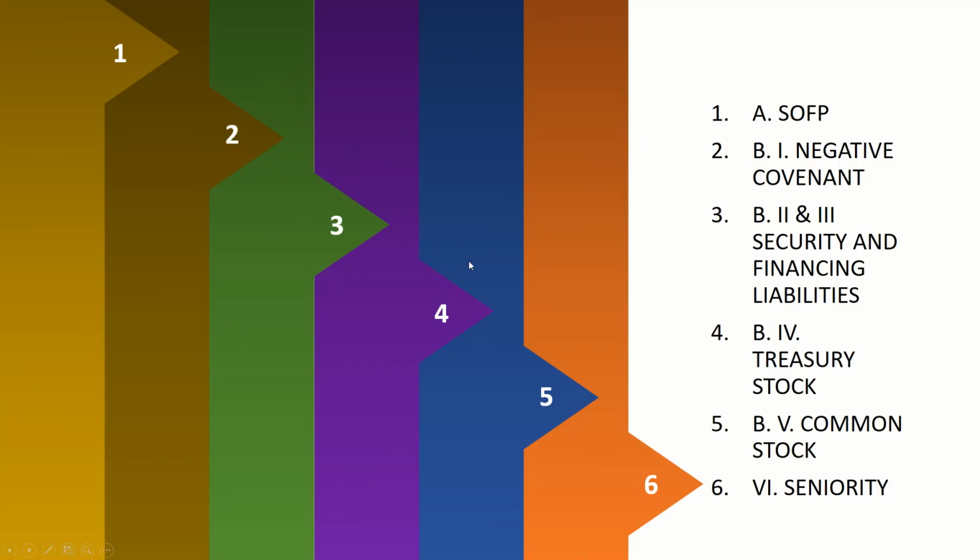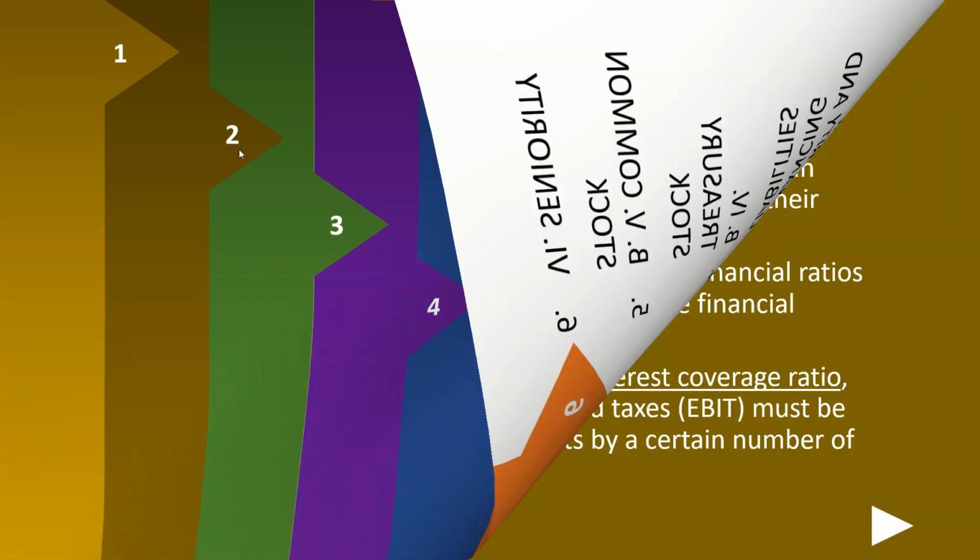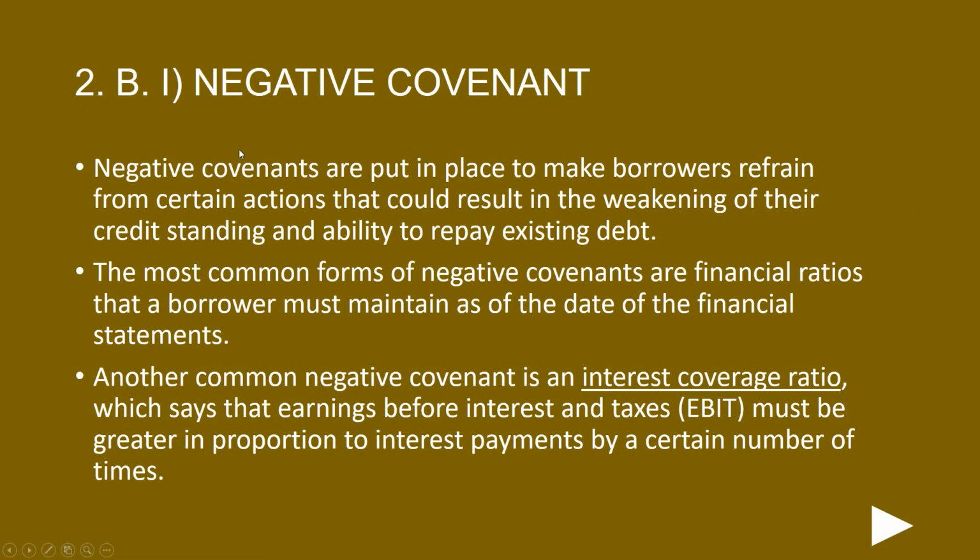Let's look at the next question, B1. Negative covenant. So, negative covenant refers to the agreement that is put in place to make borrowers refrain from certain actions that could result in the weakening of their credit standing and ability to repay existing debt.